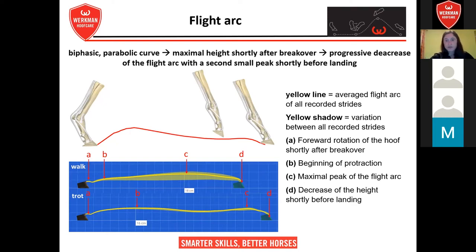This is how you see it in Black. In literature, it is said you have a biphasic curve, so you have more or less two peaks. This is often right, but it really depends on the individual motion pattern of each horse. Sometimes you have one clear peak, and sometimes you have a little smooth peak and then a second one, but it's not often so clear.